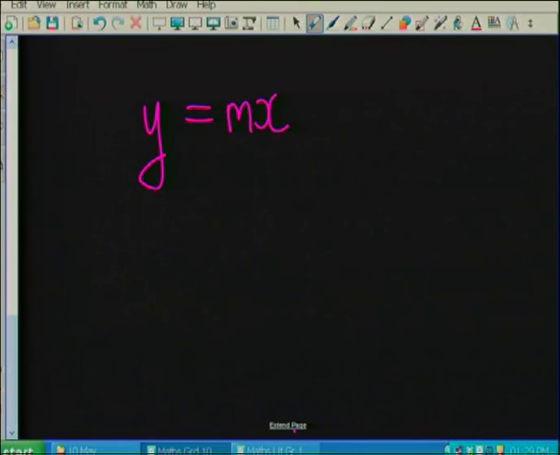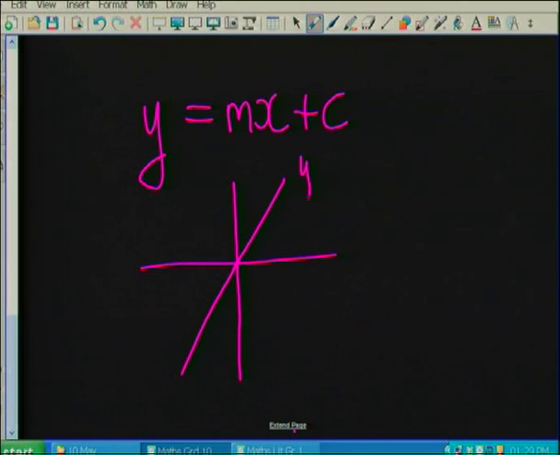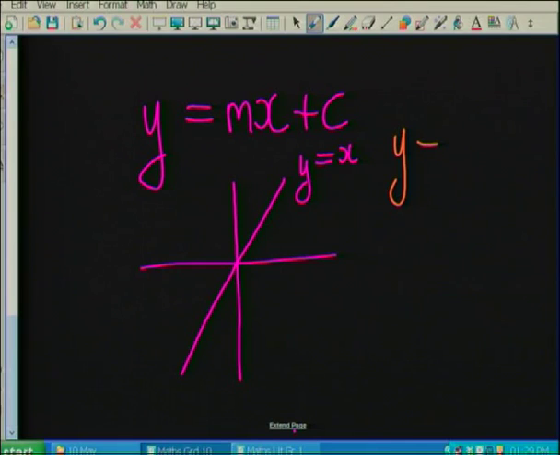If we just have a look at y is mx plus c. If I start out with a straight line, y is equal to x. Okay, so if x is 1, y is 1. If x is 2, y is 2. And I then ask you to sketch for me y is equal to x plus 1.